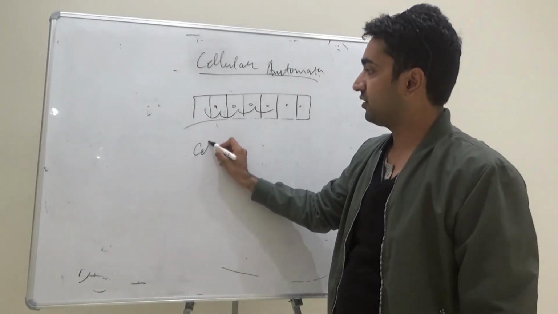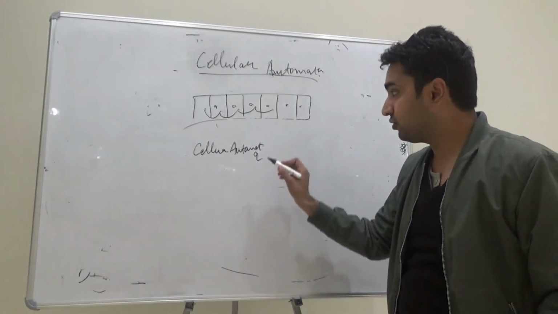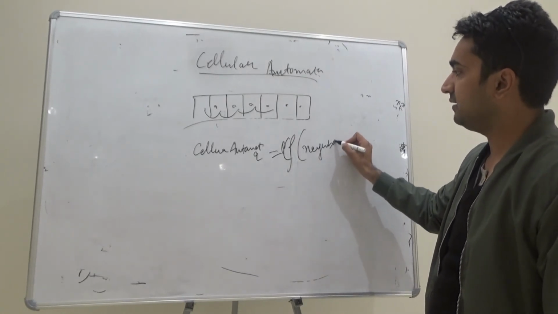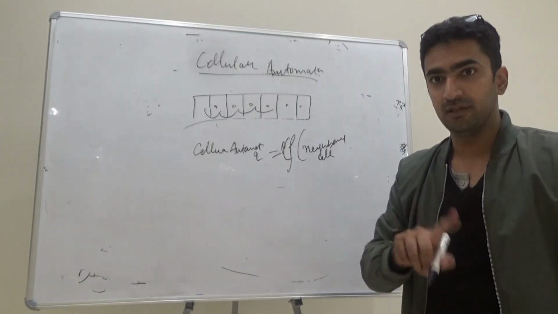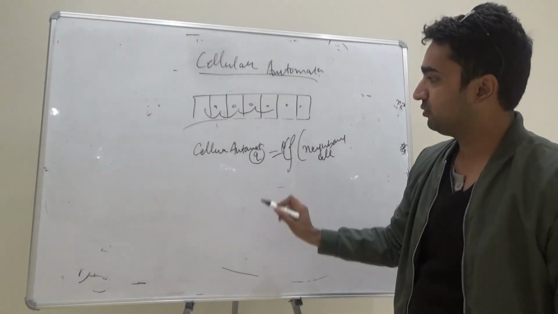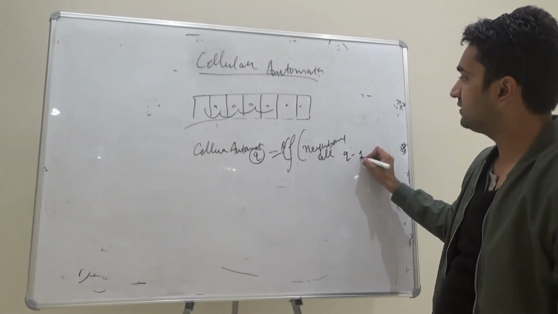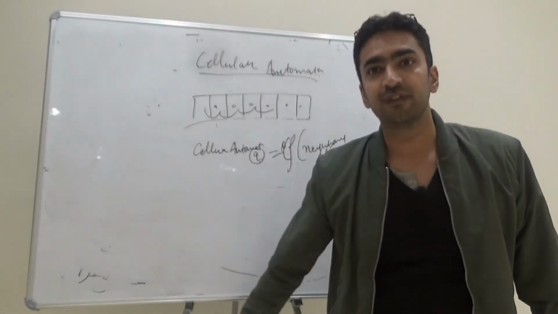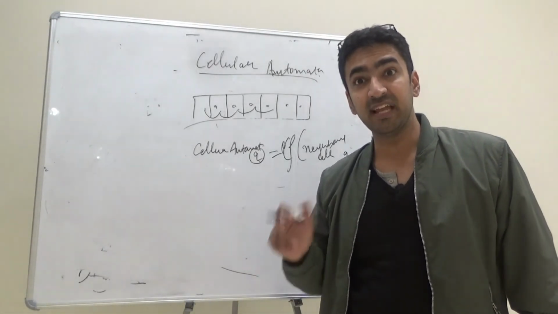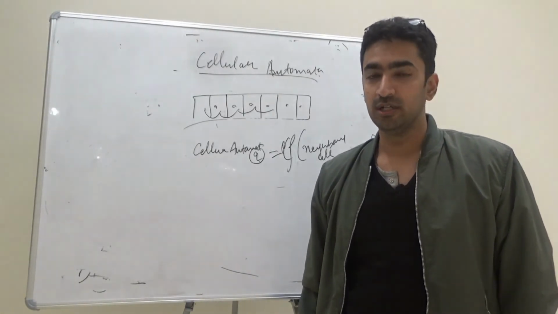It means that in cellular automata, any state is a function of its neighboring cells. If I am processing the Q-th state, how many states are left? Q minus 1. So it is a function of neighboring cells, and you get the answer based on your neighboring cells' performance. That is what cellular automata is all about.